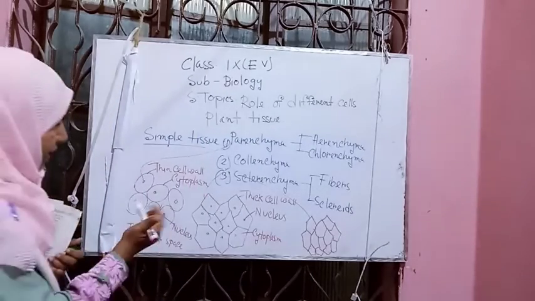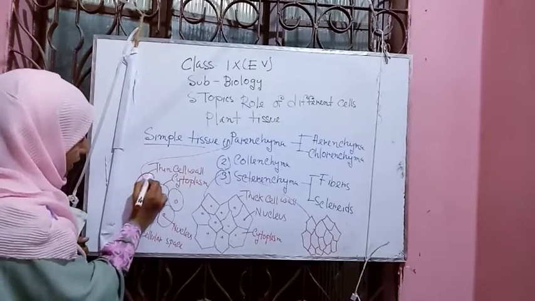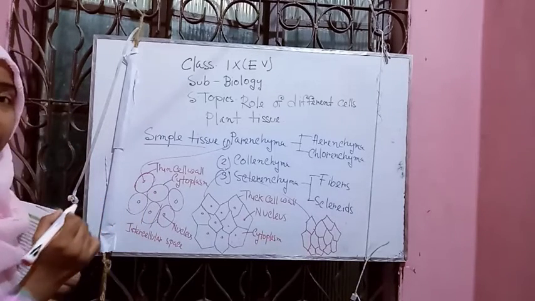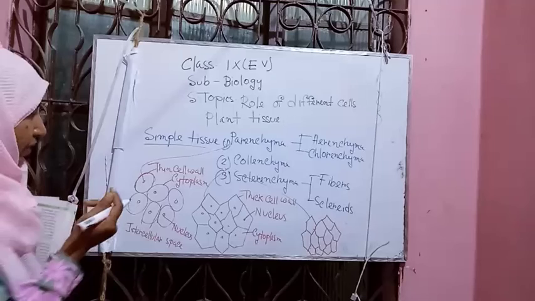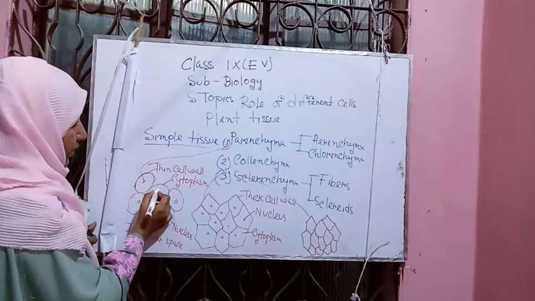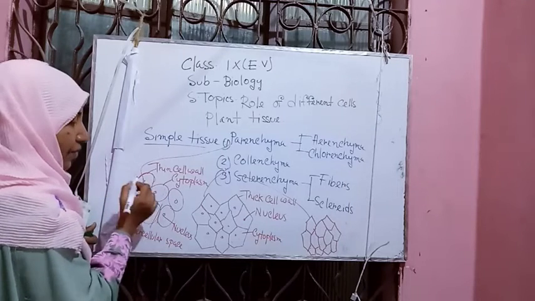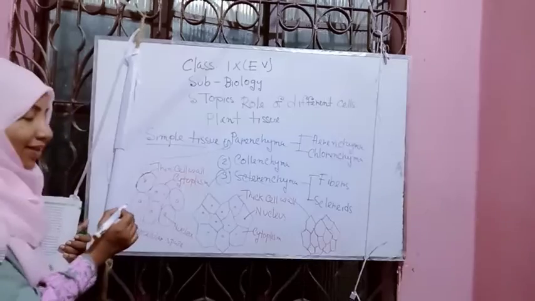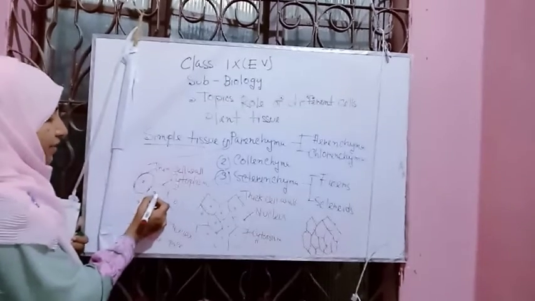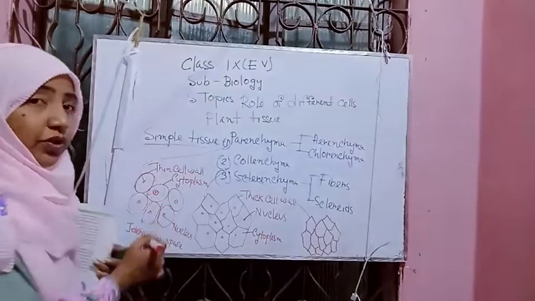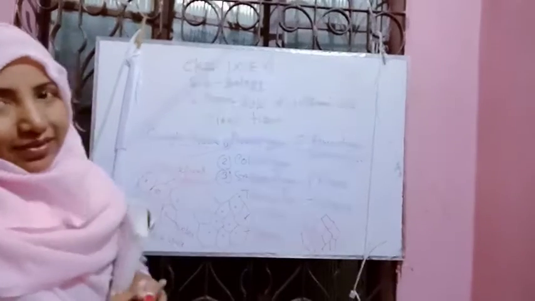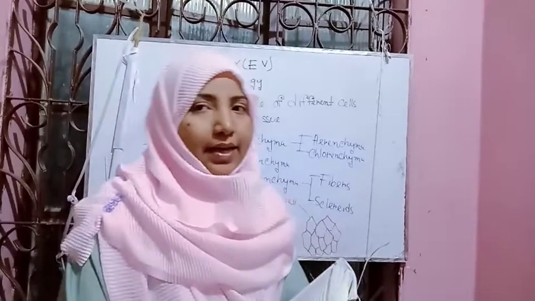Here the parenchyma is a thin-shaped structure. The outer layer is a very thin cell wall, with cytoplasm, and in the center there is also a nucleus. So the first structure is the parenchyma.